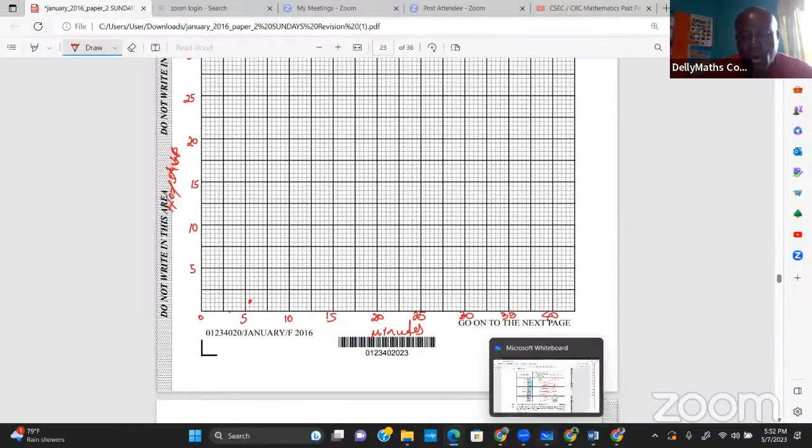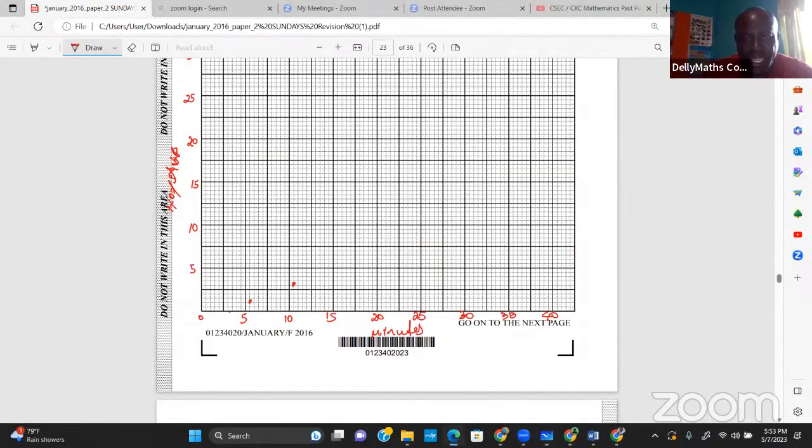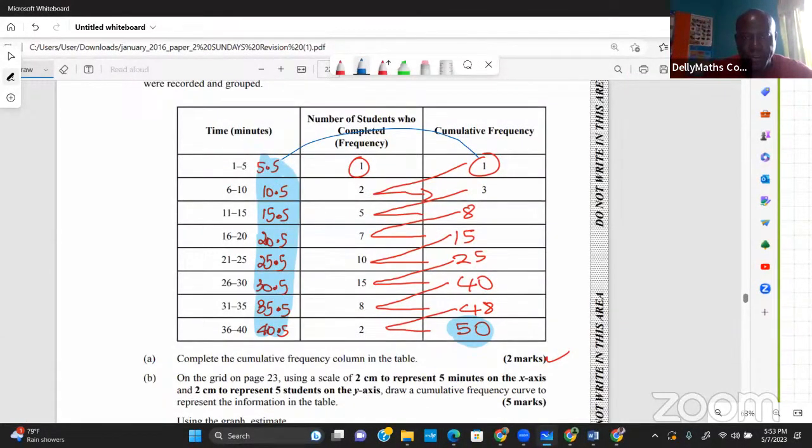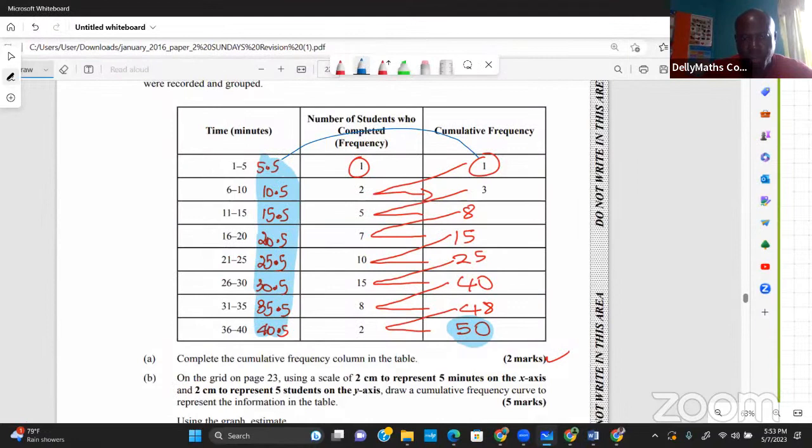Then we're gonna go 10.5 with 3. 3 is about here. 15.5 with 8. 20.5 with 15. 25.5 with 25.